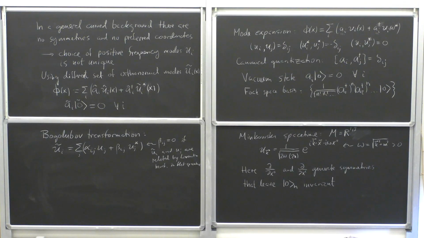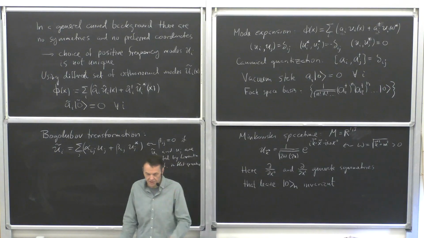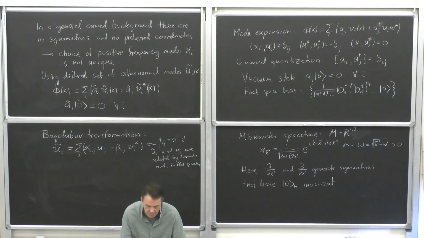Sure. You raised your hand. Scalar is real. I'm working with a real scalar, yes. So why is u star i not equal to u minus i? Oh, well, it's the usual thing. You can always take a real field, and you impose a reality condition at the end.